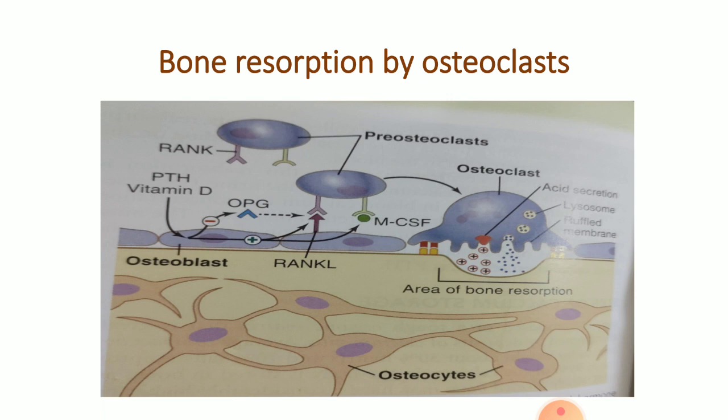This is called bone remodeling, and a localized area where bone remodeling occurs over the surface of a bone, involving both bone forming cells as well as bone resorbing cells, like osteoblast and osteoclast respectively, is called a bone remodeling unit. There are multiple bone remodeling units over the cortical bones.